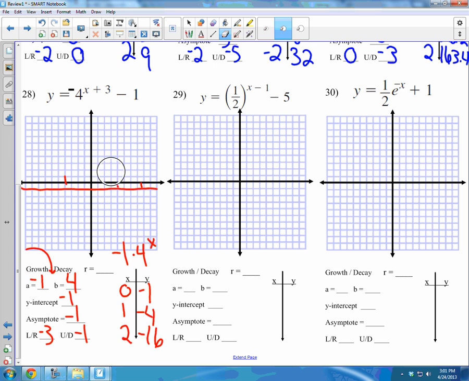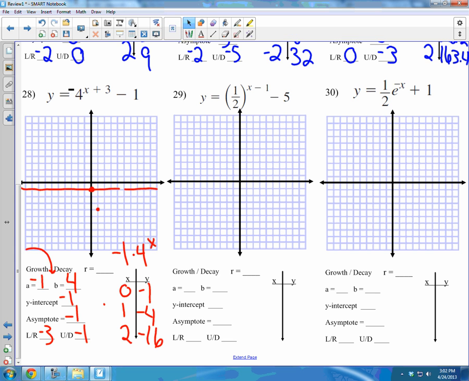Erase this. And I have 0, -1, 1, -4. Oops, sorry, I didn't put it at 0, -1. 0, -1, 1, -4, and then 2, -16, would be way down here. But now I'm going to adjust all my points.